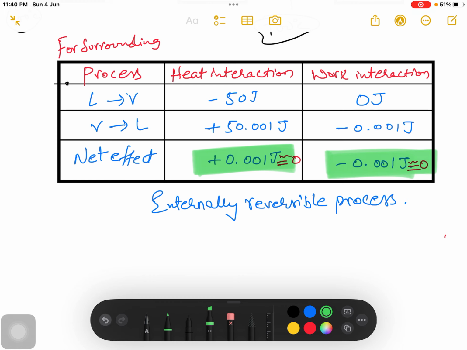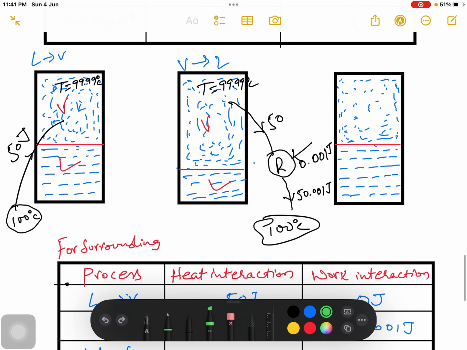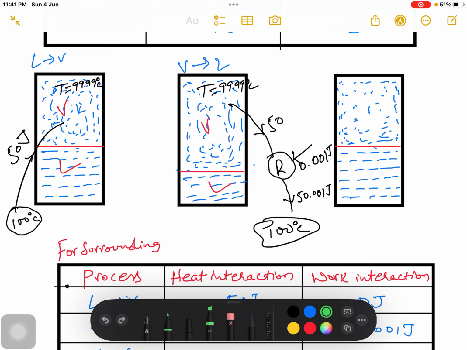Heat transfer through negligible temperature difference is an externally reversible process.